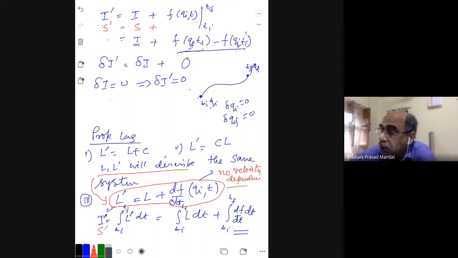If there is a velocity dependence here, then this property will not work. So this is a very important and very useful property, that we'll see later.